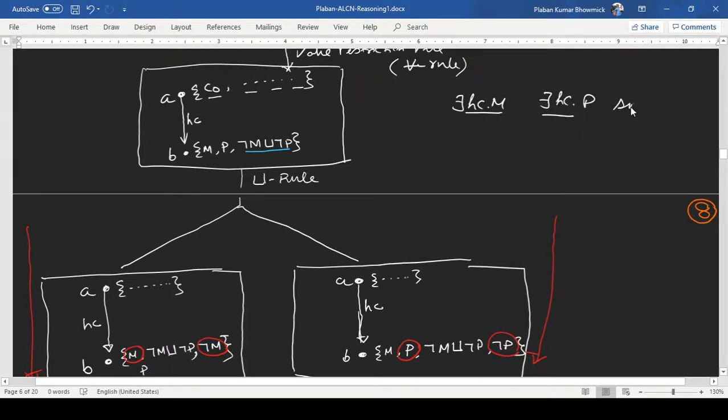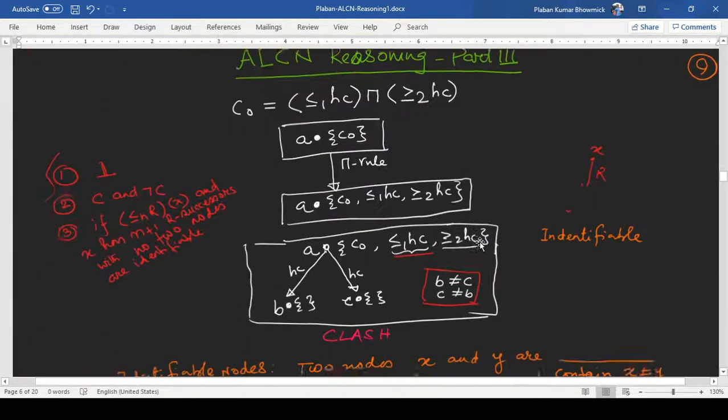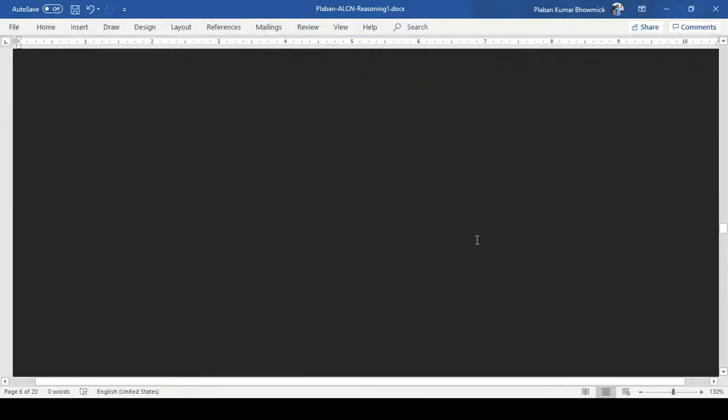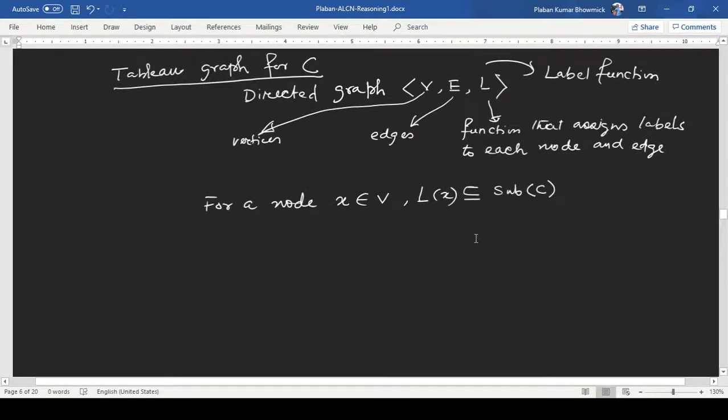So these are subs of C0. And A is also a member of this. A is also a member of this. So these are called the sub expressions. And the level set of A, that is L of A, is C0 as well as the subs of C0. And that's where the concept of sub expressions came while we are defining the mapping function of the nodes, right?